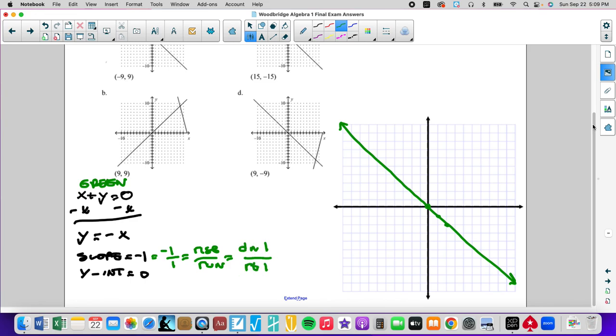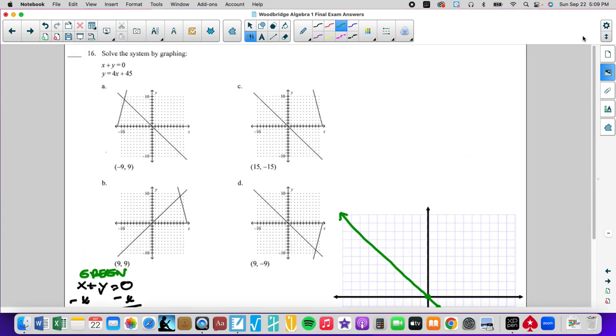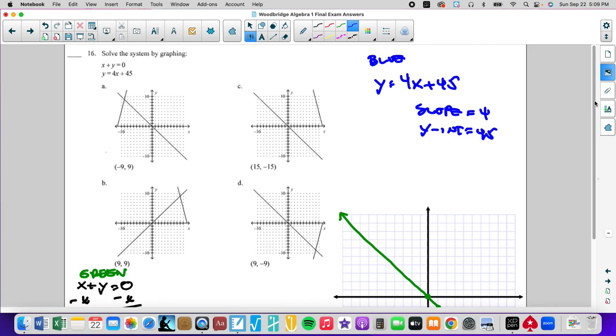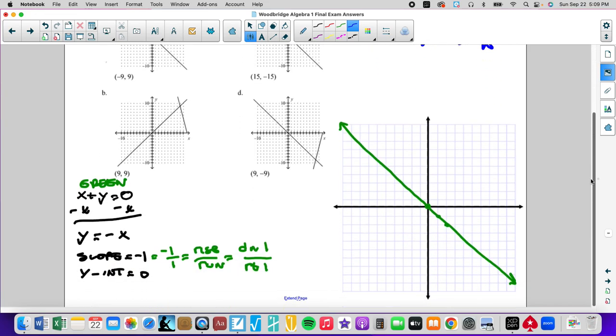My other equation, let's take a peek at my other equation. We'll do this in blue. And that is y equals 4x plus 45. This has a slope of 4 and a y-intercept of 45. How am I going to graph that?